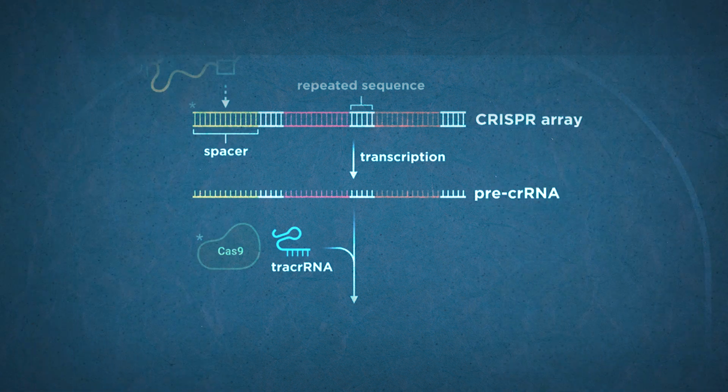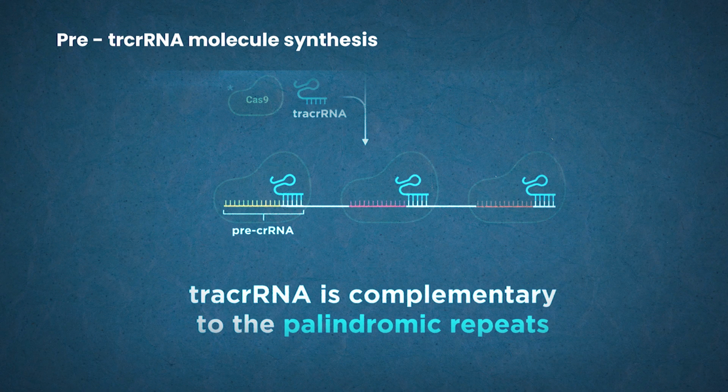Now, along with Cas9 and pre-crRNA, there is another molecule called tracrRNA. At the time of cleavage, this tracrRNA also combines with the complex of pre-crRNA and Cas9 protein, as we can see from this figure. This tracrRNA is complementary to the palindromic repeats.